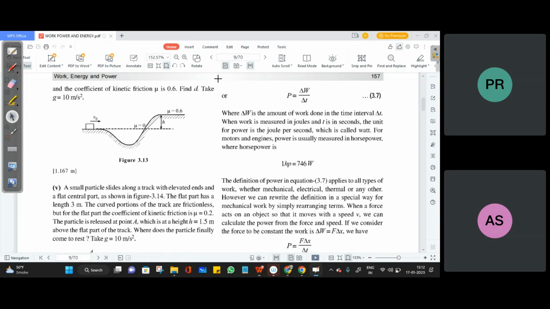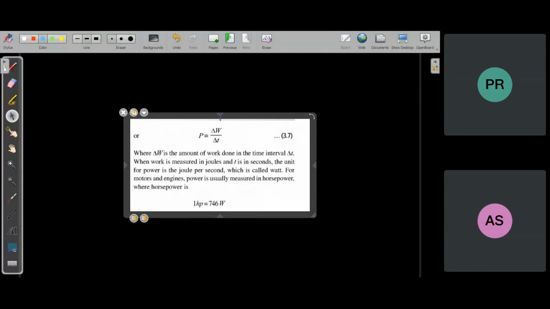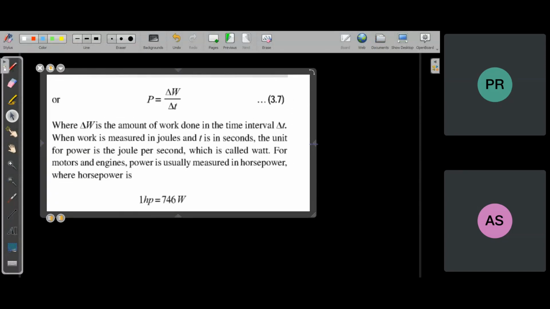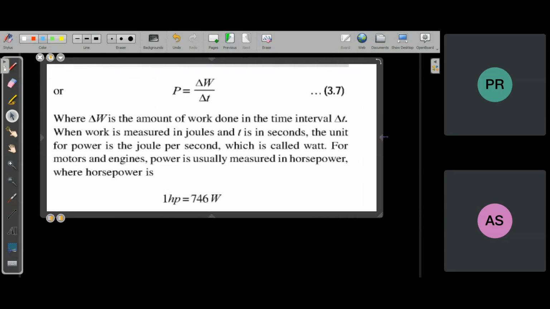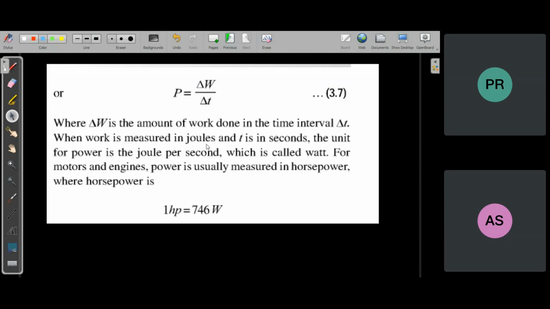Maybe one person is working for half an hour and then taking rest for the next half an hour, whereas another person is working for 45 minutes, then taking rest for 15 minutes. But both of them are doing the same work in the same total time. So then average power will be the same. But think about that. Does average power tell you what is the rate of doing work at any instant?